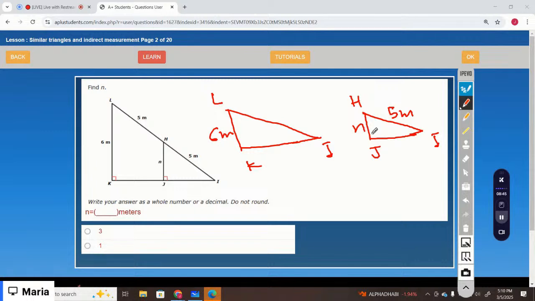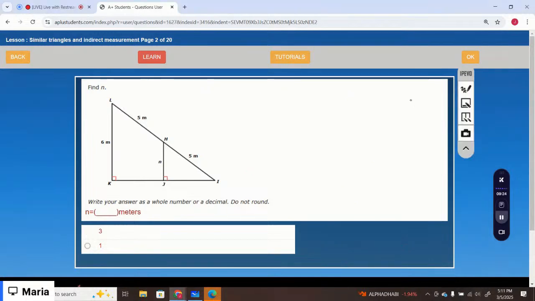We need to find the side length n. That is 5 divided by 10 equals n divided by 6. n equals 5 times 6 over 10. So 5 times 6 is 30. Thirty divided by 10 equals 3. Option number 1 is the correct option.